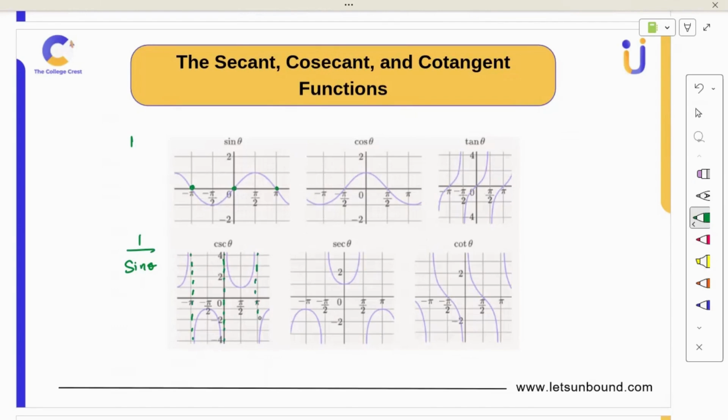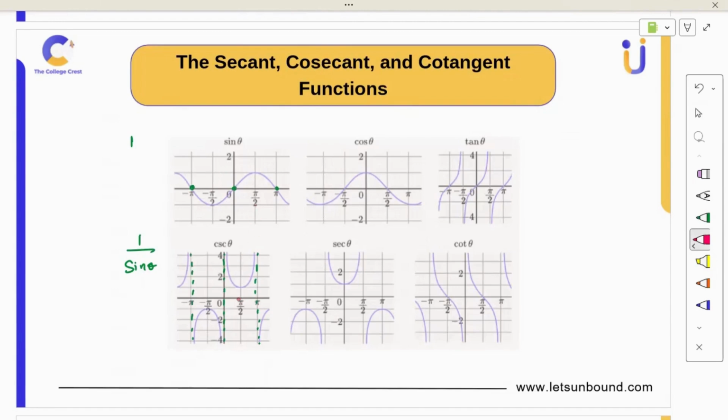Also 2 pi, 3 pi, 4 pi, and on this side negative 2 pi. So at multiples of pi, the cosecant theta function will be undefined. And due to the discontinuity, you see there is a break in the function. We should also be able to analyze the behavior whenever a vertical asymptote pops up.